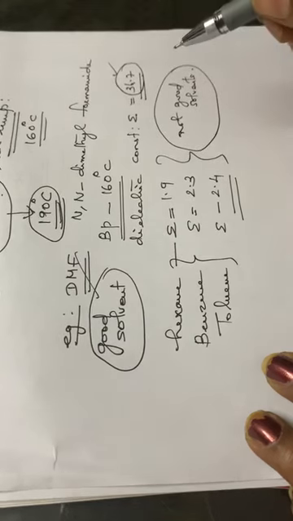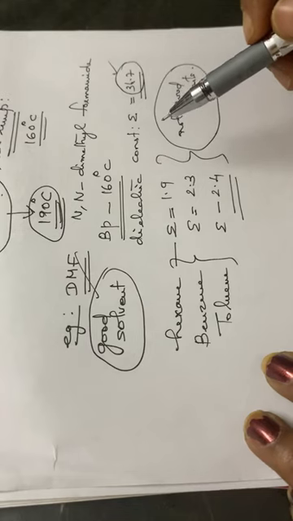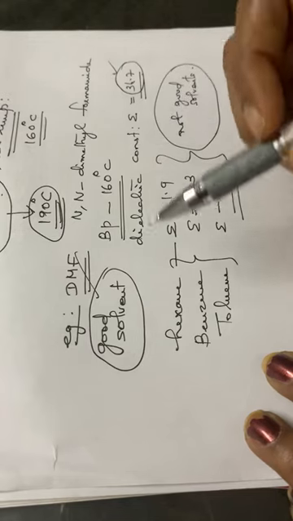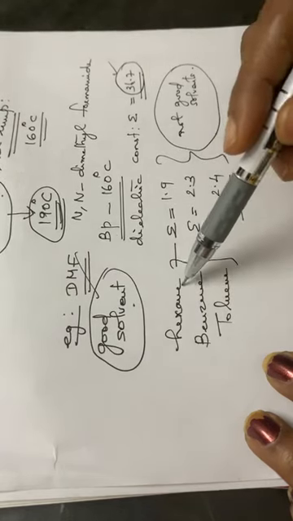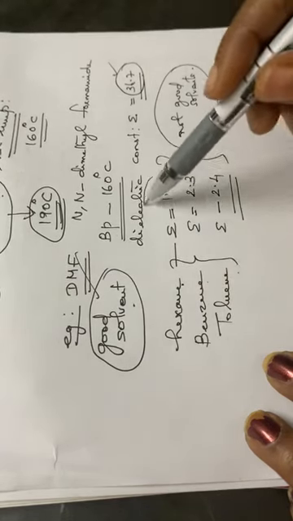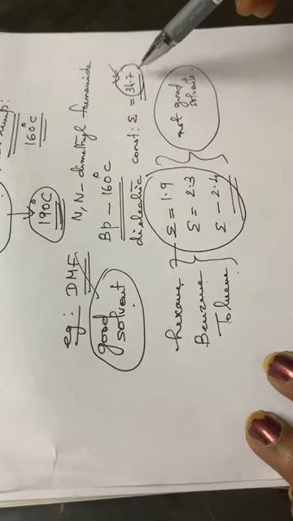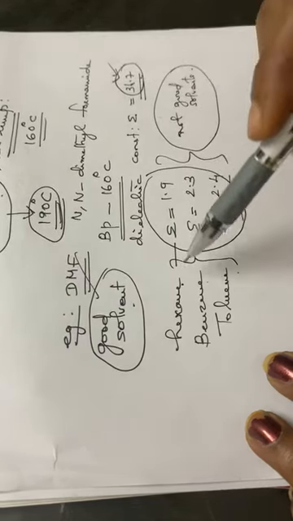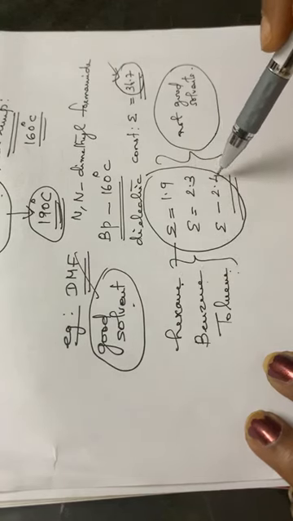So we can say that this DMF, sorry for all the noises going on here. Okay, so DMF is a very good solvent, but at the same time hexane, benzene and toluene, since the dielectric constants are very low, see, in the case of DMF it is about 36.7, but in the case of hexane, benzene and toluene, it is about 1.9, 2.3 and 2.4.